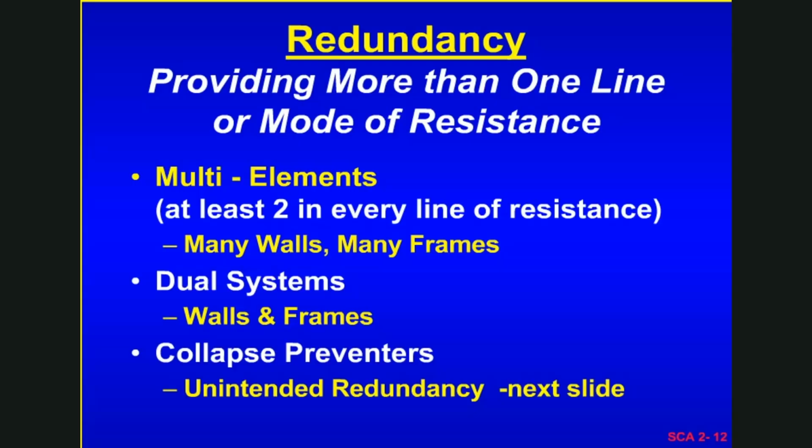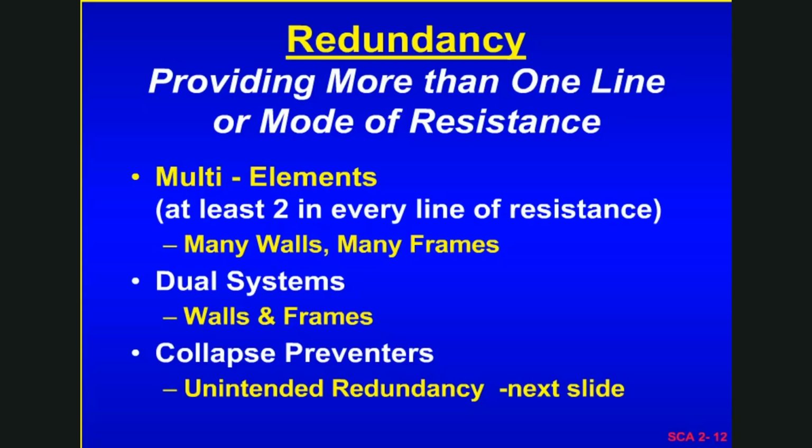Otherwise, collapse may ensue. Again, normally we have redundancy in many of our structures, but as we get into larger structures with greater spans, there's a tendency to have less and less redundancy. Again, redundancies are collapse preventers.